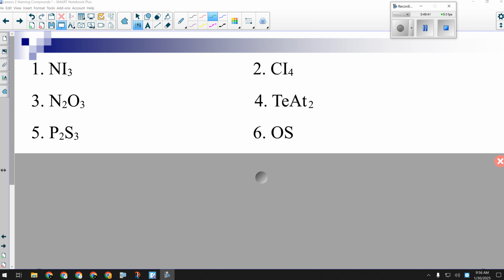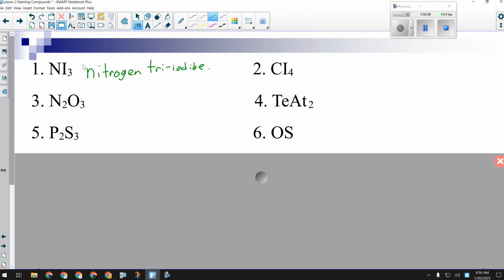Let's have a quick look at these here. For number 1, do I need a prefix on nitrogen? No, because we don't use mono on the first one, so nitrogen. And what prefix would I put on the iodine? Triiodide. For number 2, what does C stand for? Carbon.